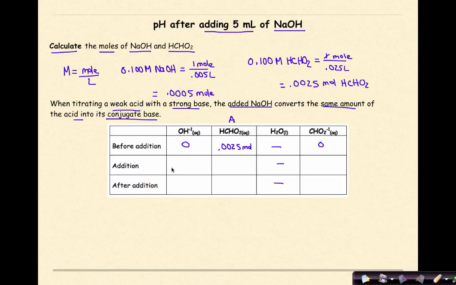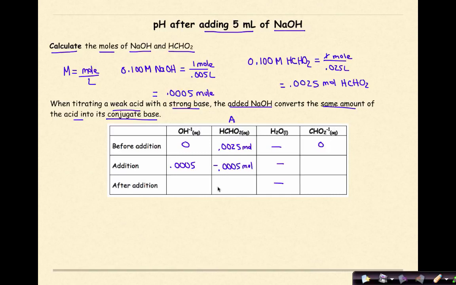So when I do that, I'm going to say, all right, the addition of sodium hydroxide is 0.0005 moles. And if I add that, something has to neutralize it, and that's where my weak acid comes in. So I'm going to say, well, if I've added that sodium hydroxide to neutralize it, I have to subtract out 0.0005 moles of that strong base.